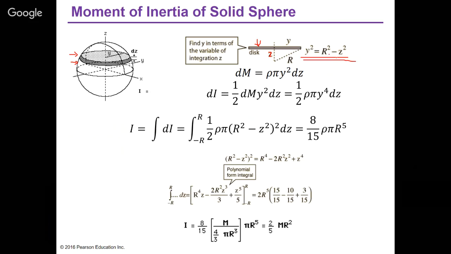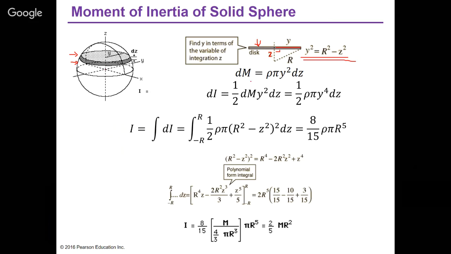Because this is a 90-degree triangle, y squared equals r squared minus z squared. Z is how far this disk is from the center of the sphere, and y gives the radius of this disk.